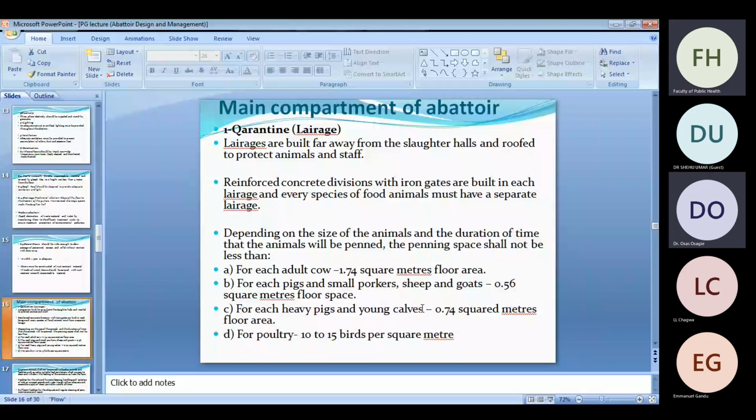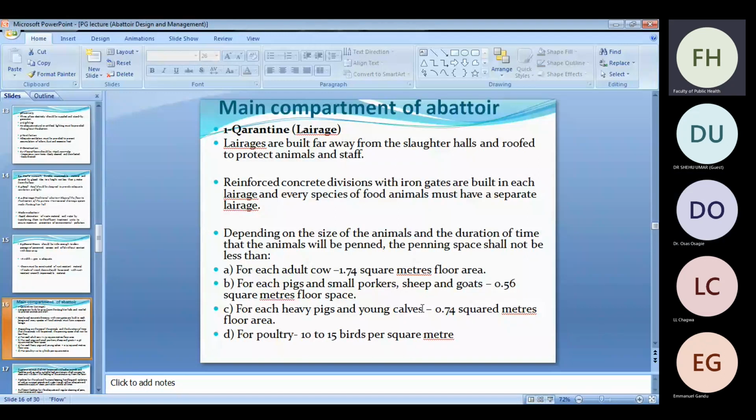The penning space shall not be less than, for an adult cow, 1.74 square meters of floor space. For pig, sheep, and goat, 0.56 square meters. For heavy pigs and calves, 0.74 square meters. For poultry, 10 to 15 birds per square meter.